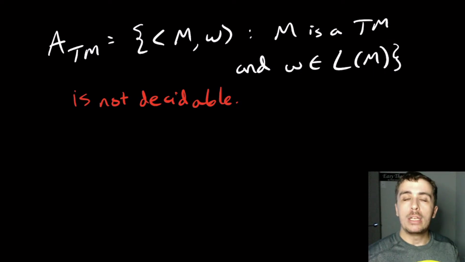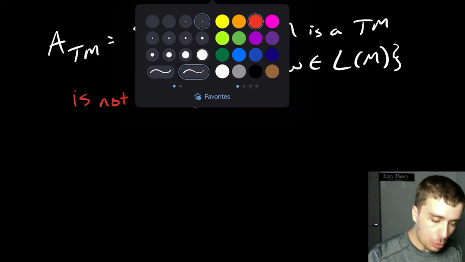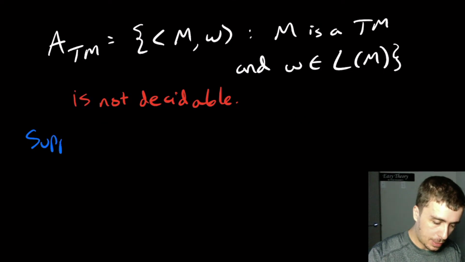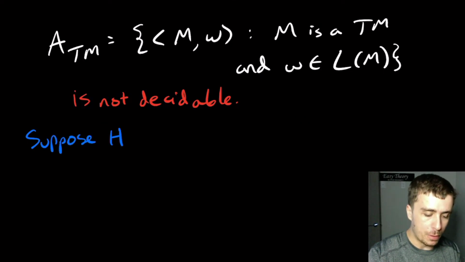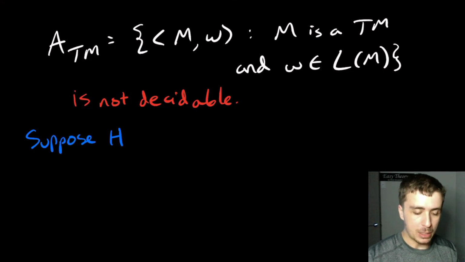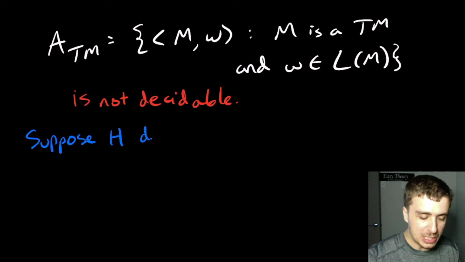So what I want to do is, using the recursion theorem, I want to show that the acceptance problem for Turing machines is not decidable in a completely different way that's a lot easier to understand. So let's suppose, kind of like in the actual proof of the acceptance problem being undecidable, that this machine H decides ATM.